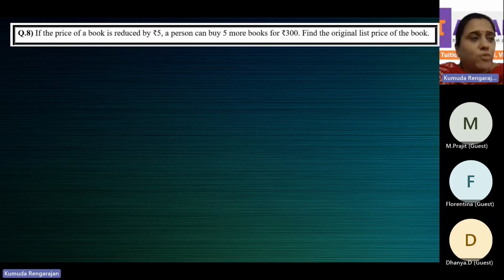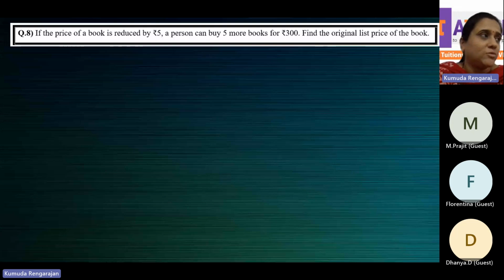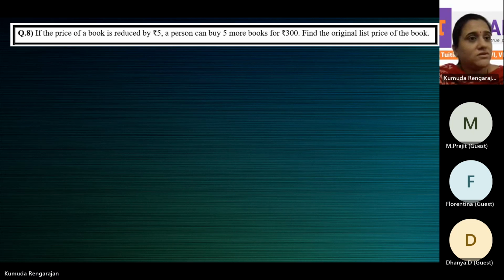If the price of a book is reduced by ₹5, we don't know the price of the book. But supposing it is 40, it is reduced by 5, so ₹35. Supposing it's reduced by 5, a person can buy 5 more books for ₹300.